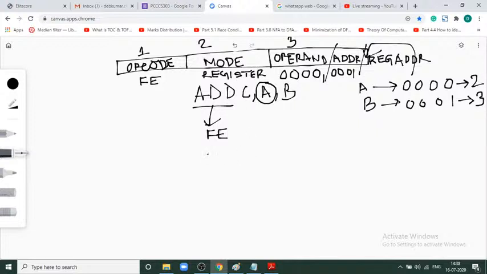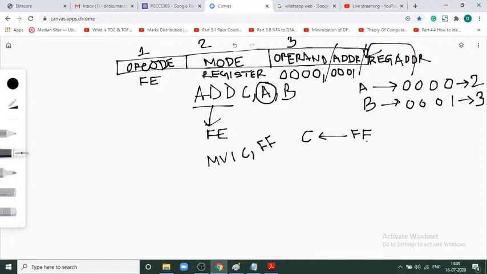Let us take another example. In this instruction, we are basically moving the data FF to C register.